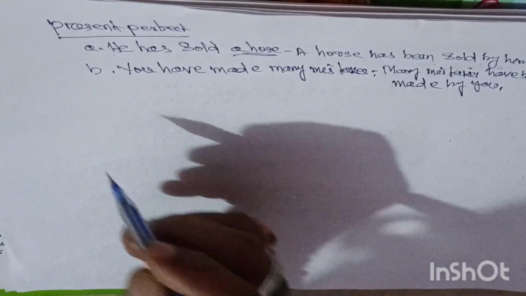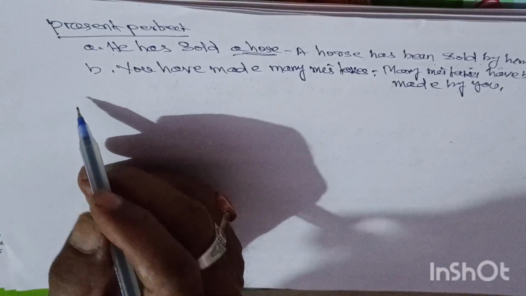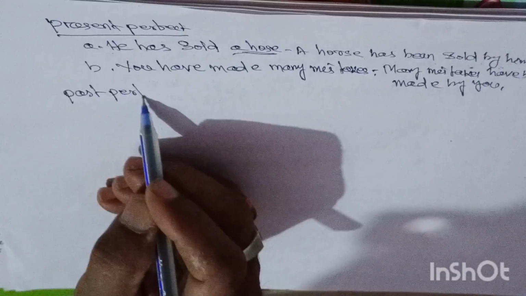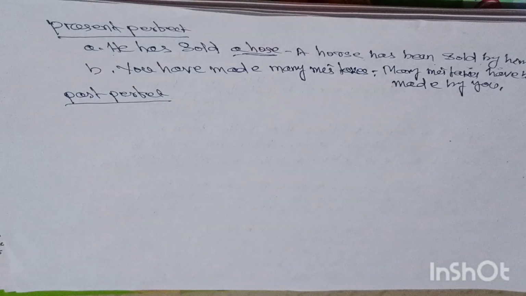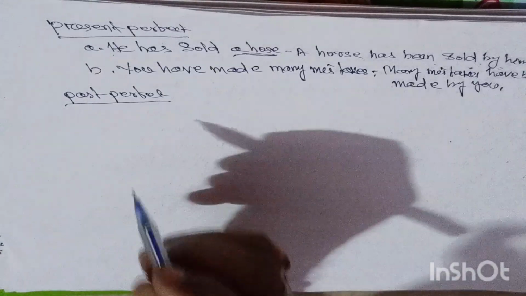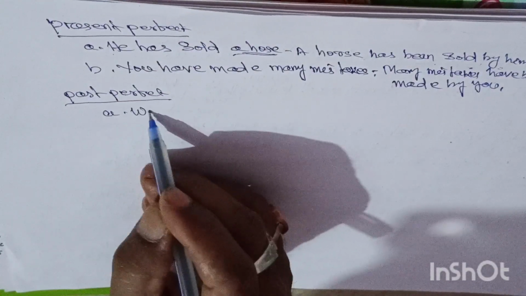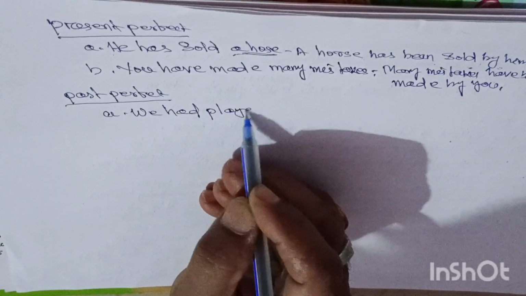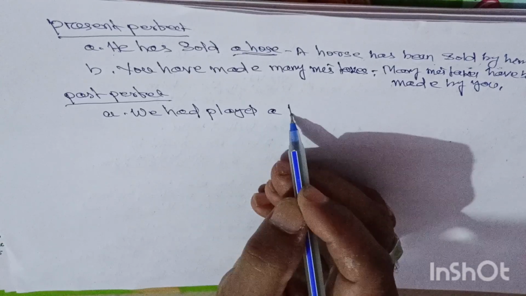Okay. Then we discuss past perfect. That was the present perfect. Now, when the sentence is in past perfect, how do you change it into passive? I give you two examples, then try to understand. The first example is "we had played a hockey match".